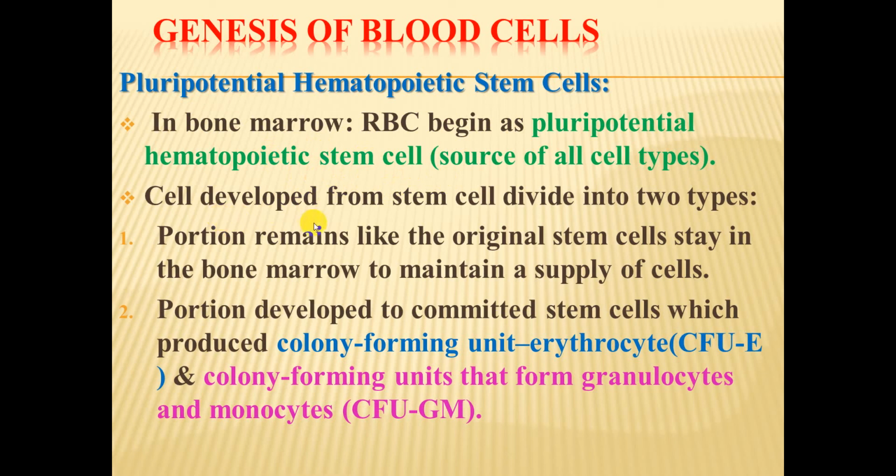Cells developed from the stem cell are divided into two types. أصلاً إحنا منشأ هي تعتبر source for all cell types. فراح يتفرع منها two types of the cells.